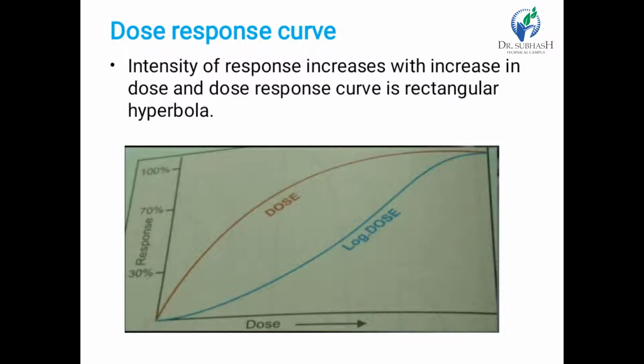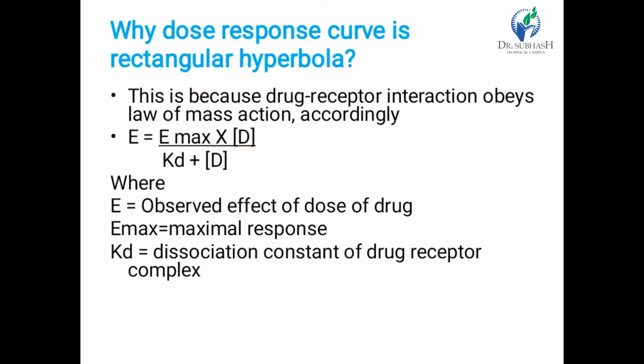So here you can see if we increase the dose, the response will also increase in intensity, right? Now, why is the dose response curve a rectangular hyperbola? It is a rectangular hyperbola because drug receptor interaction obeys the law of mass action, right?